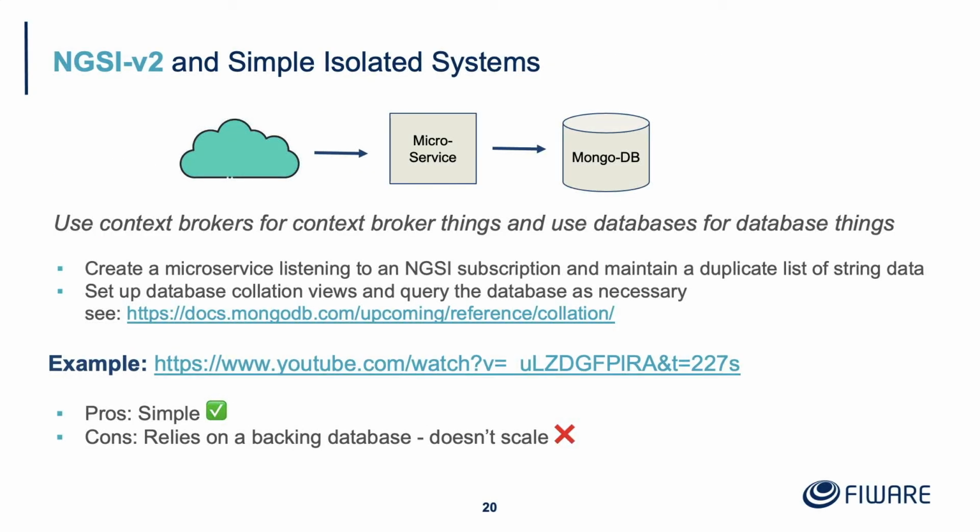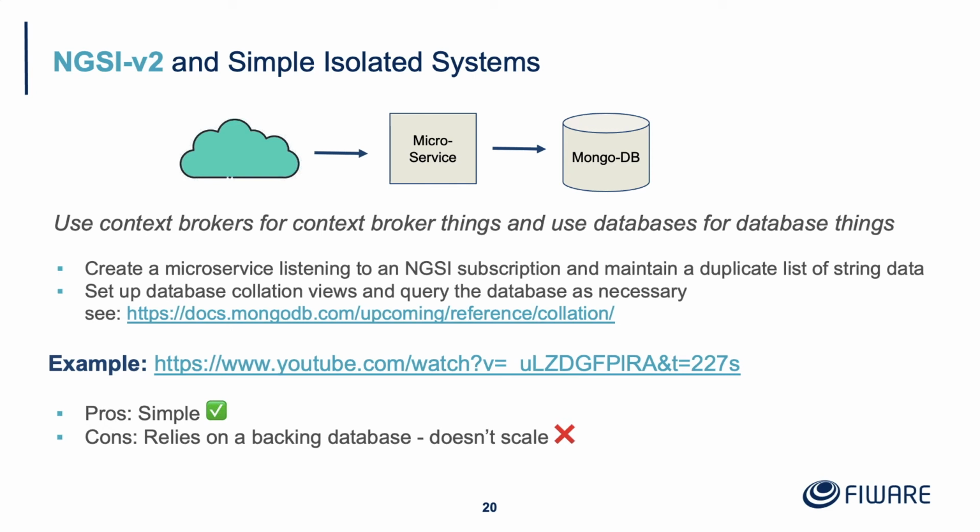The simplest way to deal with this, with NGSI v2 and isolated systems, the advice is very simple, which is saying use context brokers for context broker things and use databases for database things. You can take your list of say bus stops in Bilbao, and then you can extract the names of the various stops, and you can push it to a database which has already got an appropriate language-appropriate collation set up for it.